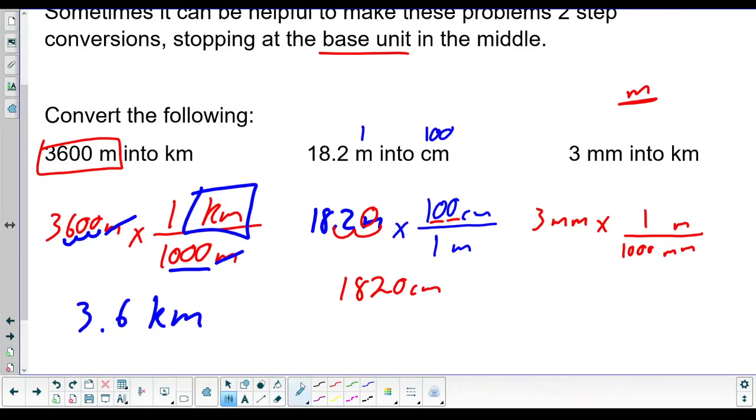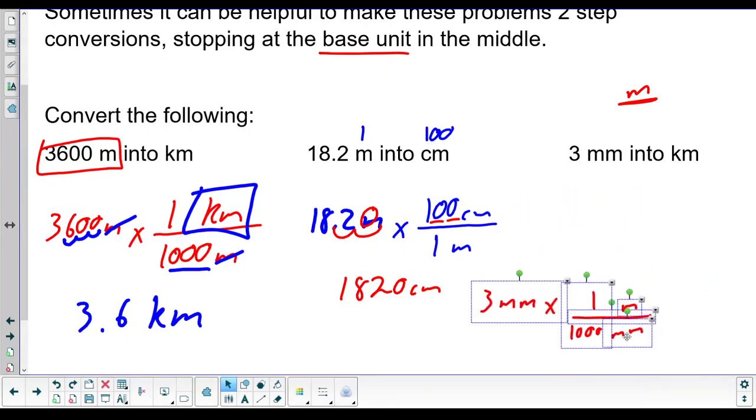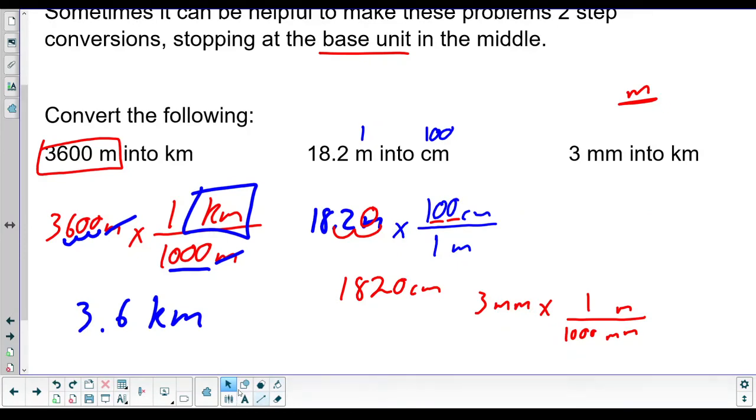After we convert into meters, we need to do one more conversion to get all the way to kilometers. So now we're going to do one more multiplication. Put meters on the bottom to cancel with those meters and kilometers on the top. So now we ask ourselves, how many meters are in a kilometer? Well, there are 1,000.